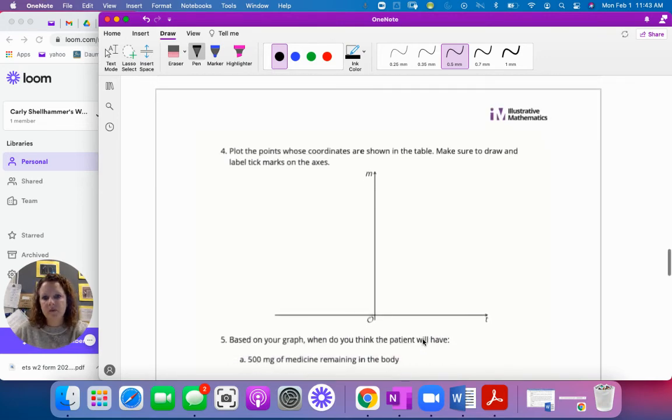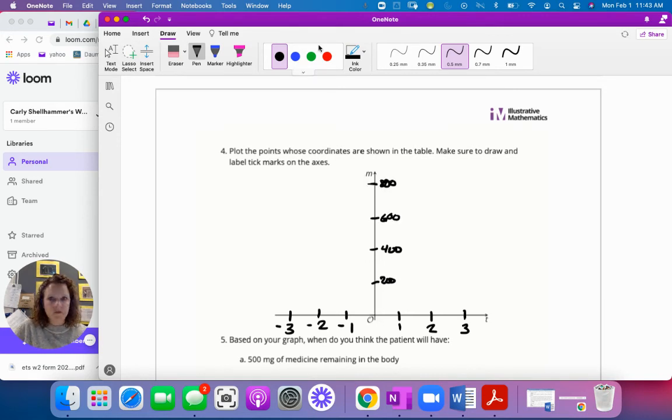And then plot the points whose coordinates are shown in the table. Okay, if I can do that. Just eyeballing it, literally.